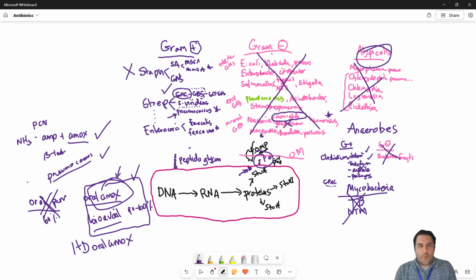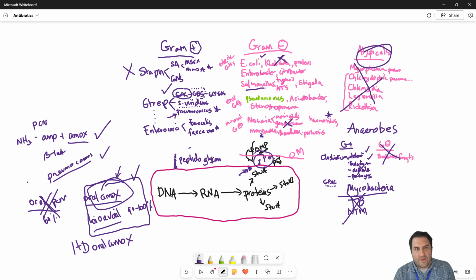Gram negative. So we had crossed this whole section out with penicillin, but this is actually where things differ with the aminopenicillins. In fact, the whole raison d'etre of the aminopenicillins was that, at least back in the day, they did treat E. coli, they did treat Klebsiella. Unfortunately, Klebsiella has intrinsic resistance, so no Klebsiella, but they would treat a number of these bacteria.